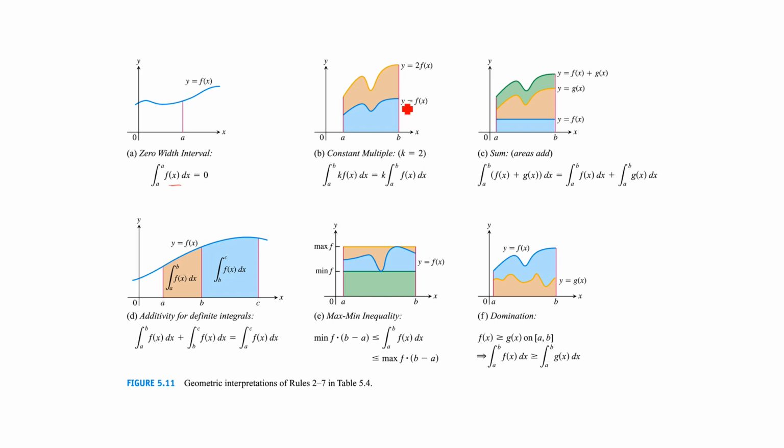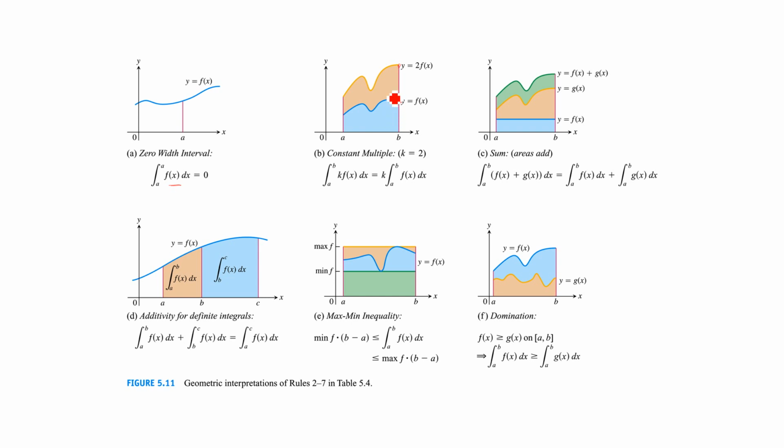What's going to happen? If this is y equal to f(x), this height will be doubled. Initially we have the f(x) height, then when we multiply it by 2, we will have double the height. So the area under the curve will be doubled.